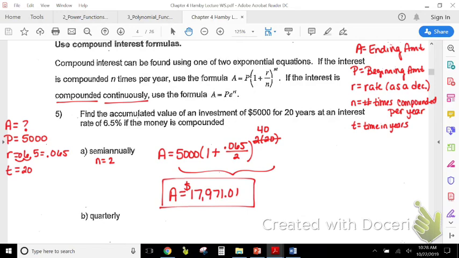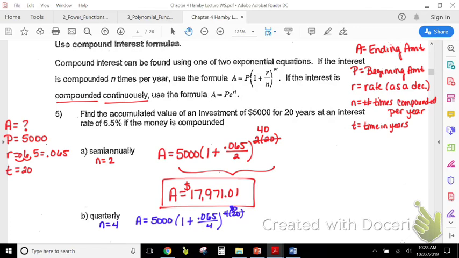B, quarterly. What is quarterly? 4. So this is just telling me N is now going to be 4. We're going to do the same thing: A equals, the only thing that changed here is our N. Now, they're compounding it more times per year, so I do expect my amount to go up, but do I think it's going to go up a whole lot from 2 to 4 times a year?